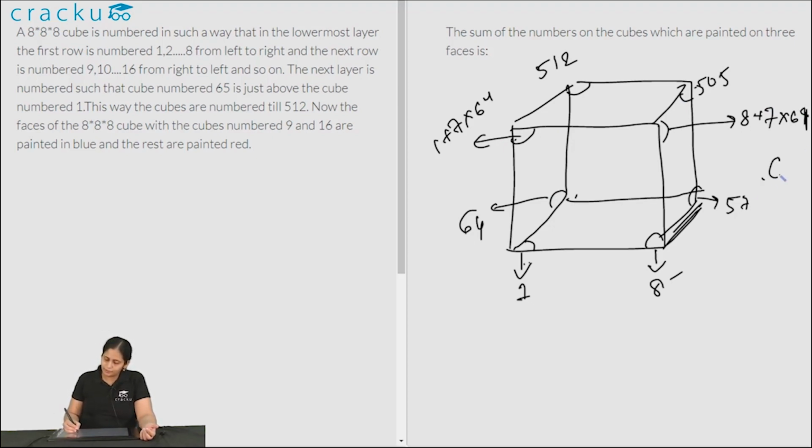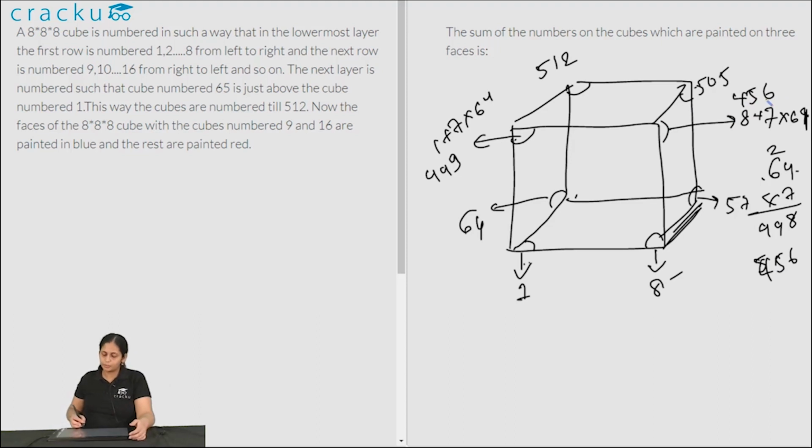So 7 times 64 is 448. 448 plus 1 is 449. And what is this? This is 8 plus 7 times 64. 448 plus 8 is what? This is plus 8, so this is 456. Okay, so you have 456 over here.